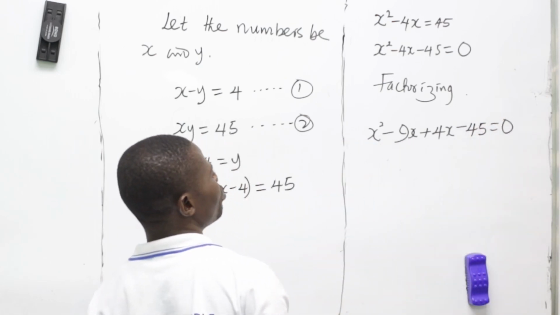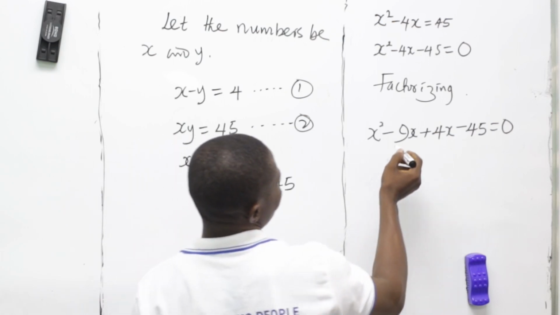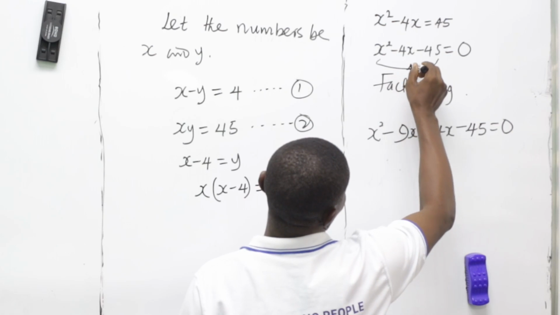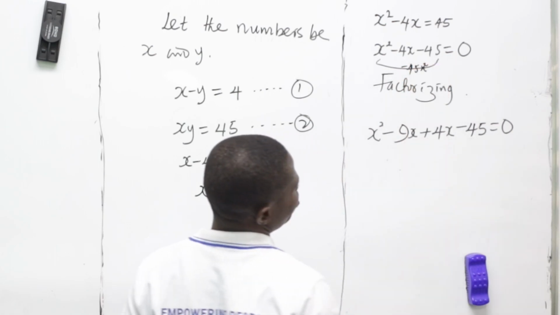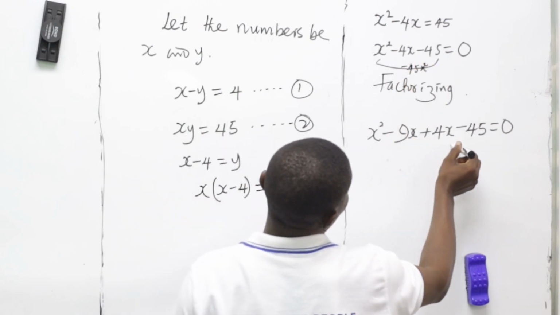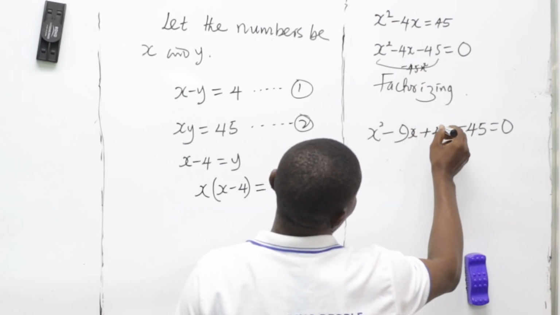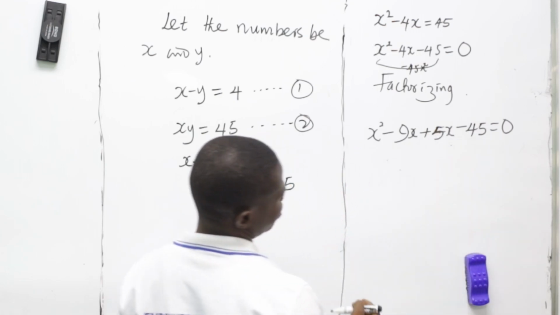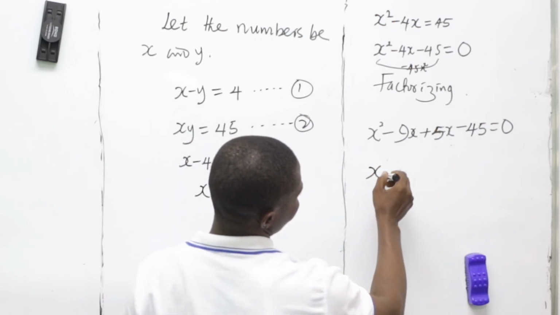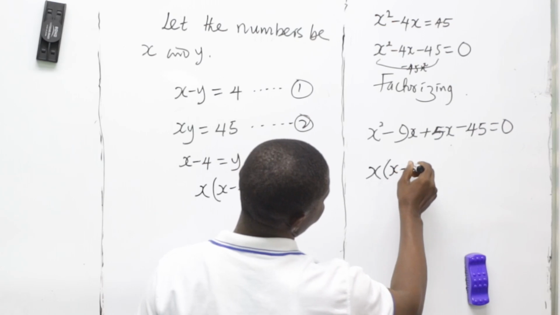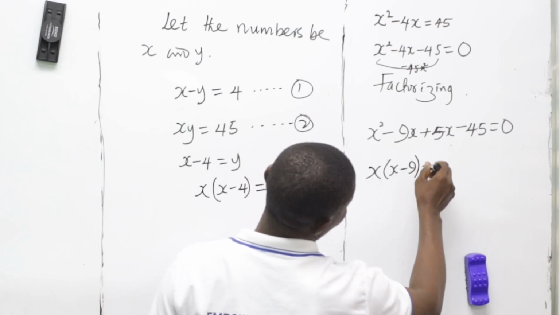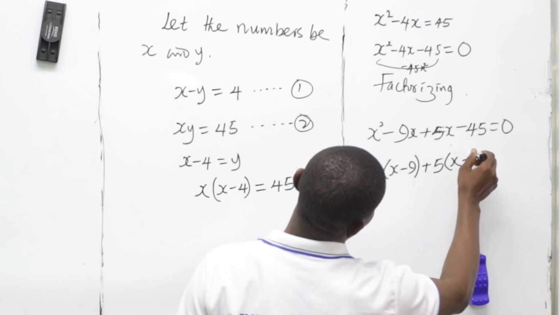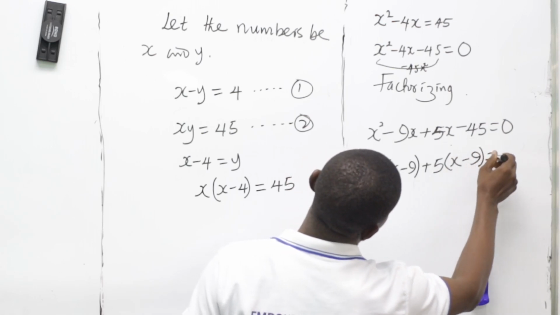That is, two numbers, when you multiply, it will give us minus 45x squared, but when you add them together, it will give us minus 4x. That is minus 9x plus 5x. That is x here into x minus 9 plus 5 into x minus 9 equals 0.